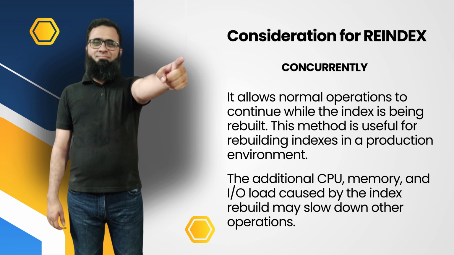We can use this method for the production database, and for databases which need to run 24/7. But for that we need additional CPU, memory and IO load, because the index rebuild may slow down other operations as well.